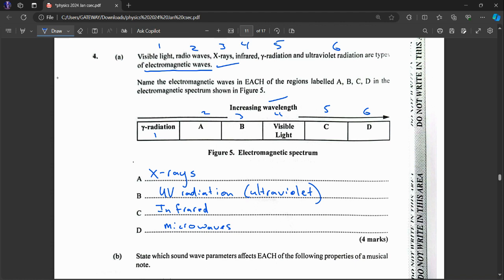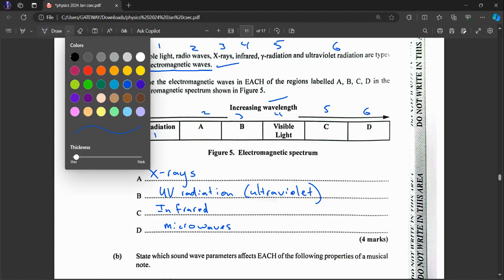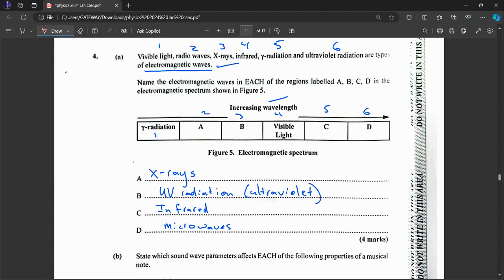Also, a common thing that you need to know is what lights make up the visible light here. So you need to remember ROYGBIV, and you need to remember what each of these letters represents.